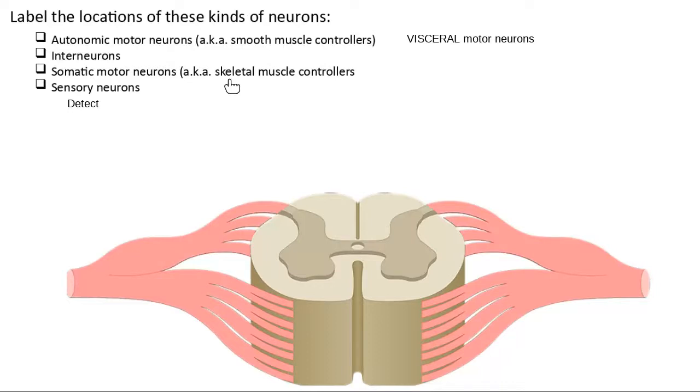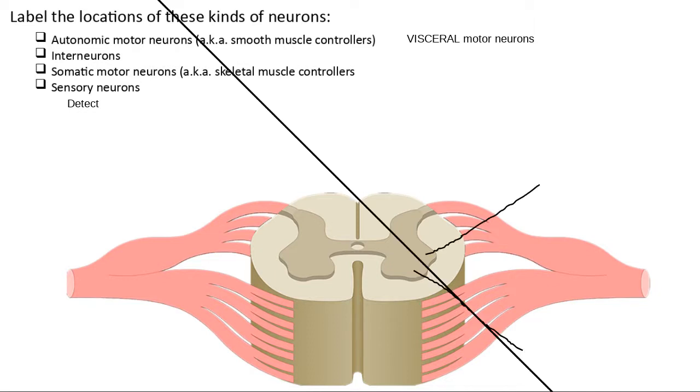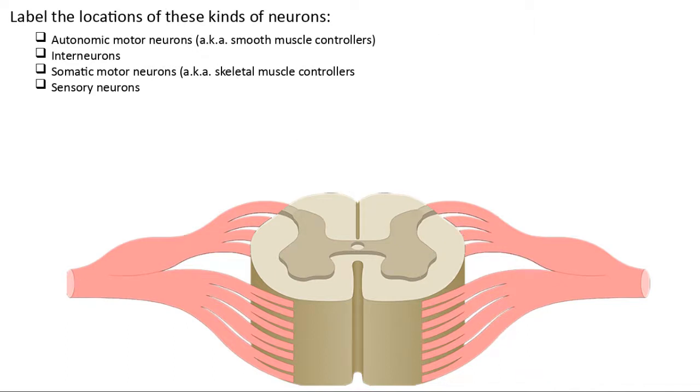Let's start with some of the ones that we for sure talked about in lab. I'm going to mark here on my picture. Oh no, let's start over. Mark on my picture, we talked about the horns. This one back here is my dorsal horn.